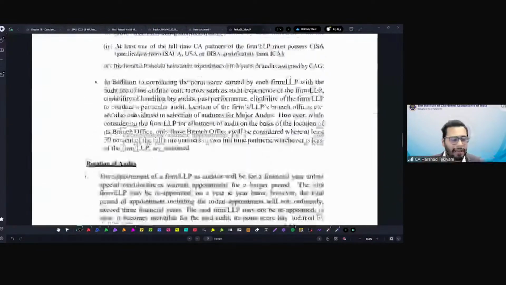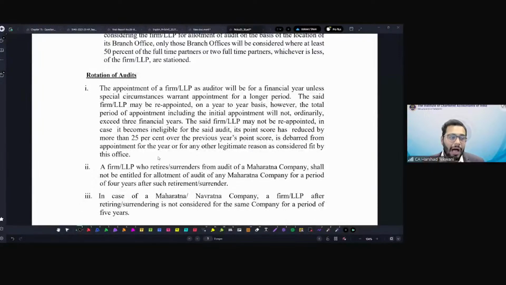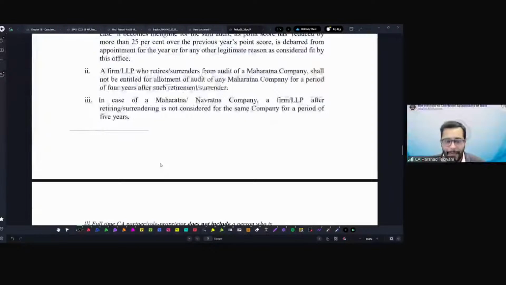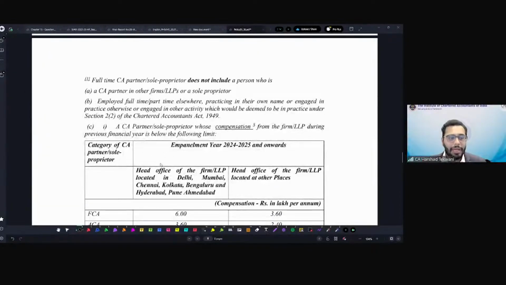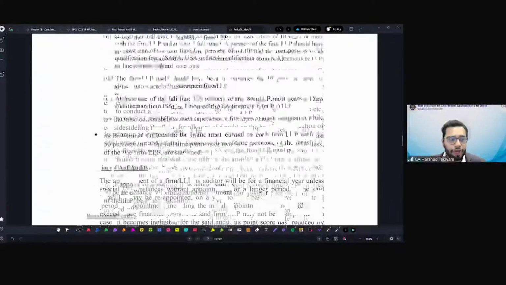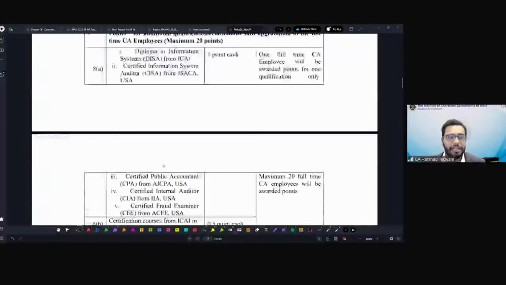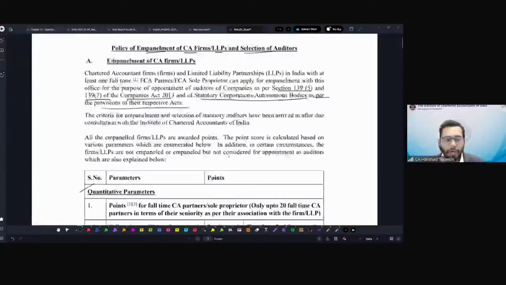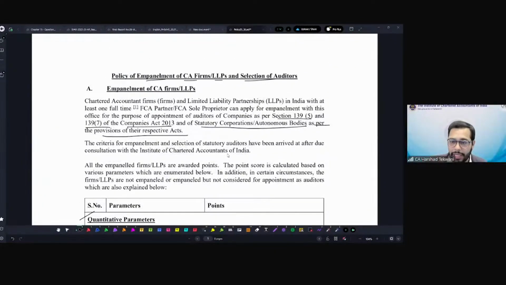A lot of things are given in this policy, but this is how C&AG actually opens up the empanelment, and auditors or the CA firms and LLPs can apply for this empanelment, and then they get the opportunity to be the auditor if C&AG selects them for those particular government companies or public sector undertakings. Okay. So this is how actual appointment is done based on this policy.